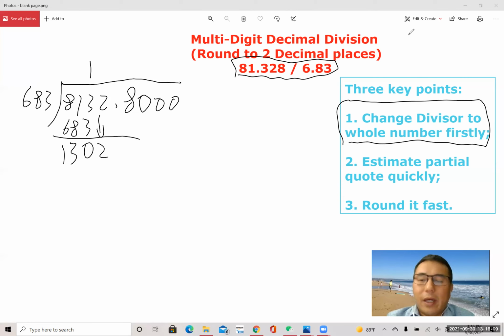So this is to estimate the partial quotient. For this step, it's still simple because we can easily find we cannot have 2 of 683 inside 1302. So that means the partial quotient is just 1.